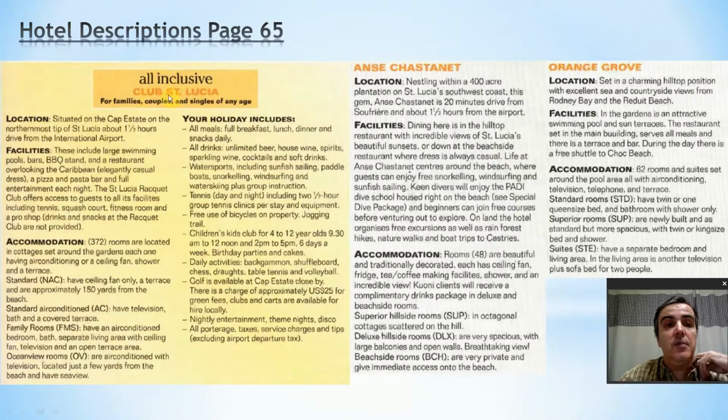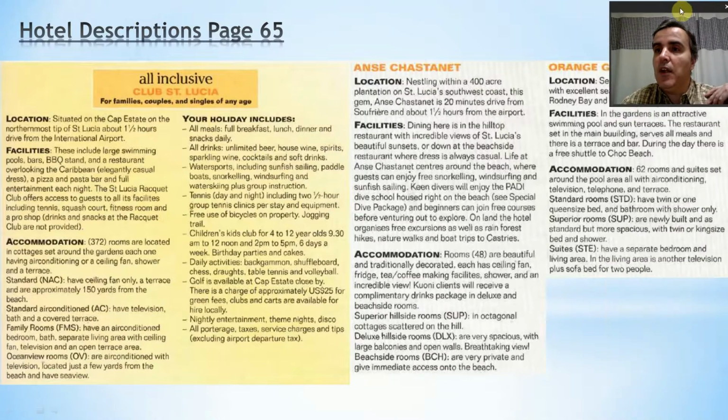So for the Club St. Lucia, we're seeing a location, the facilities, the accommodation, and what your holiday includes. So you should read all of the information. In the Ansa Chastanet, we've got location and facilities and accommodation information. And also for the Orange Grove, we've got location, facilities, and accommodation. So we should read all of the information.